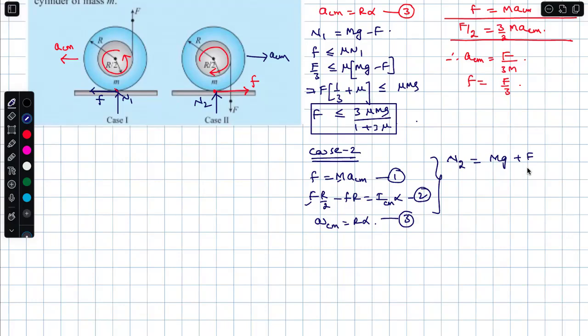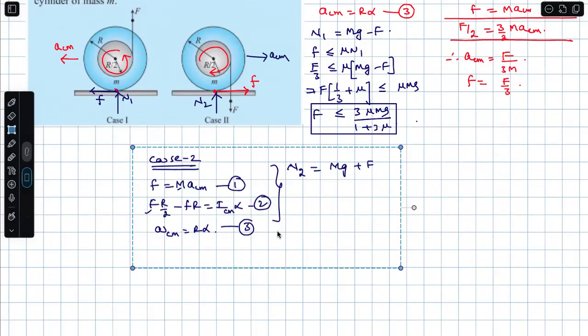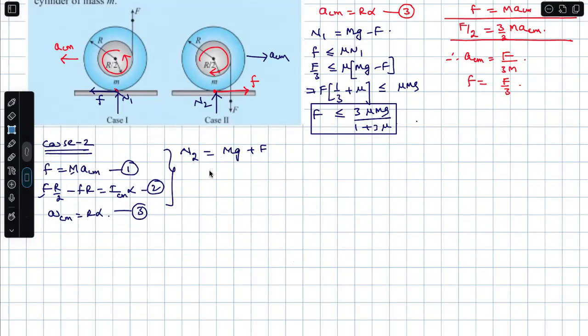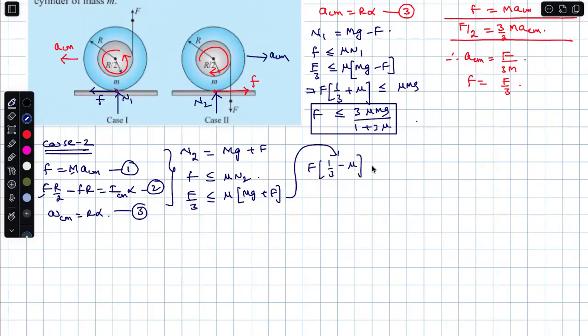N2 is mg plus F. Now from this we can conclude F must be less than or equal to mu N2, less than or equal to mu times mg plus F. F times 1 by 3 minus mu less than or equal to mu mg.